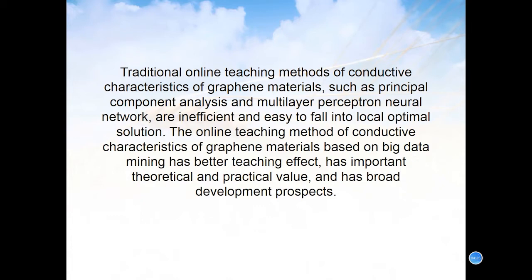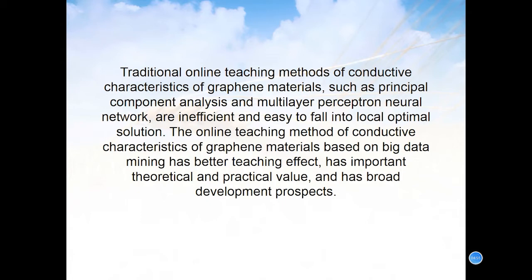Traditional teaching methods of conductive characteristics of graphene materials, such as principal component analysis and multilayer perceptron neural network, are inefficient and easy to fall into local optimal solution.